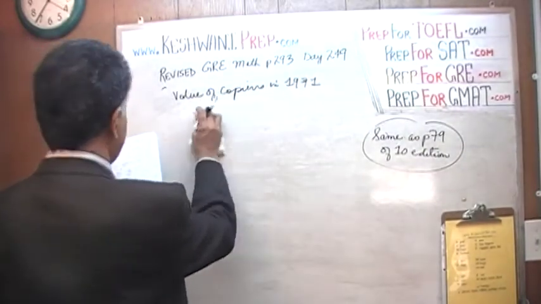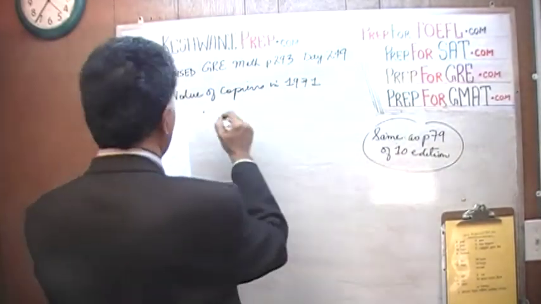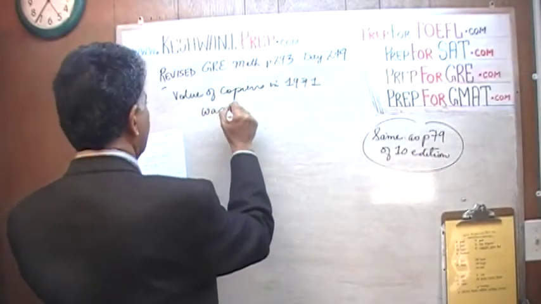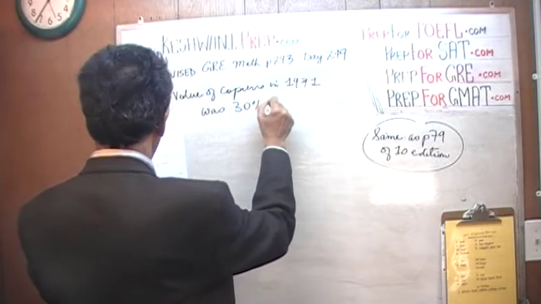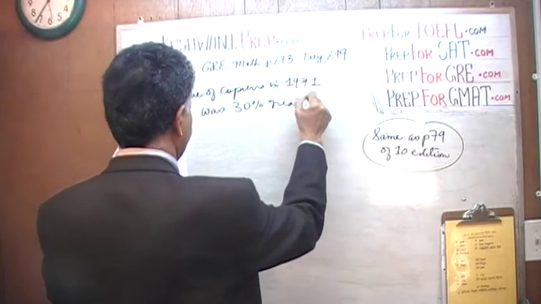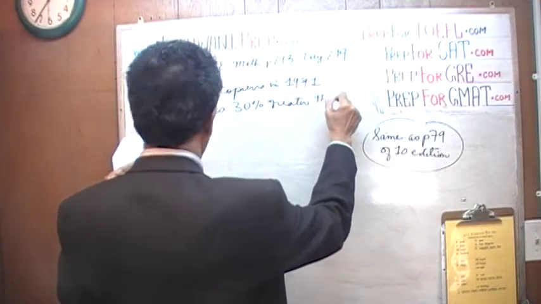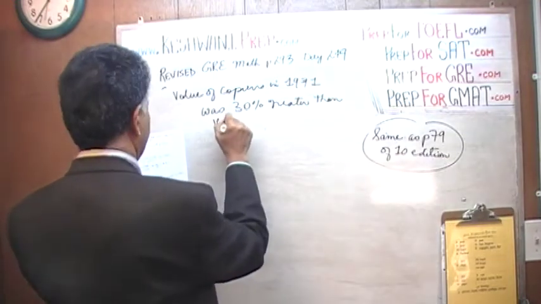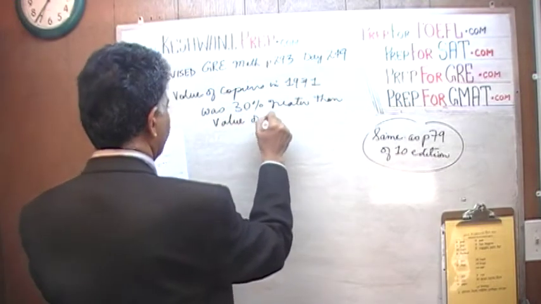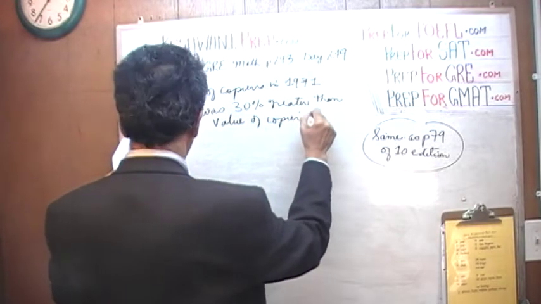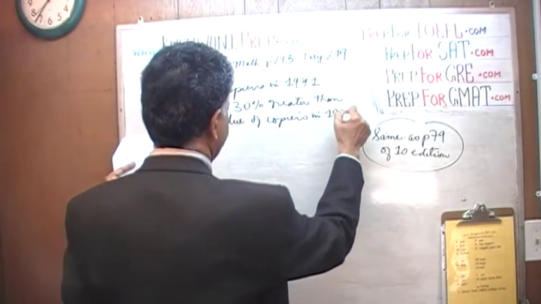actually, let me first write down the question first. Value of the copiers in 1971, we are told, was 30% greater than the value of copiers in 1970.